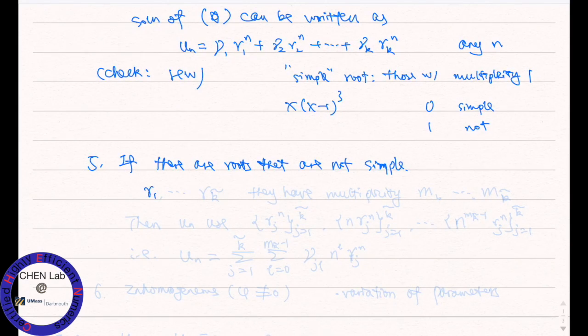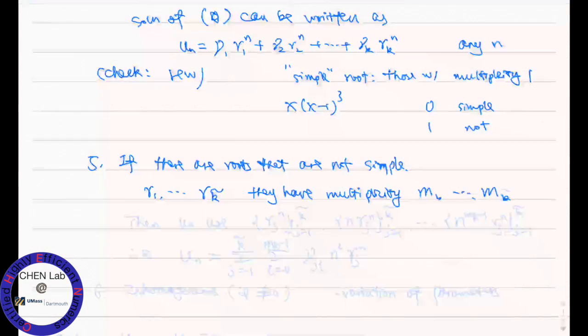Let's say we have R1 to R K delta, and they have multiplicity M1 all the way to M K delta. If one of them happens to be simple, then M is equal to 1.